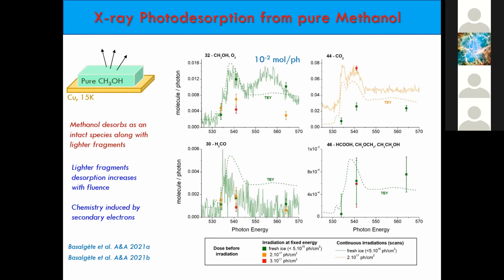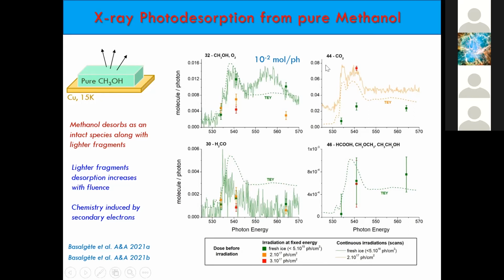Also, if you look at the desorption of CO2, you can recognize here the first peak, which is exactly what I've shown before. It is the peak of CO absorption, meaning that in that case, the first peak is due to CO absorption, the second peak is due to methanol absorption, but both are creating electrons that are going to induce the desorption. But it's more indirect, and it tells you that there is a lot of chemistry in this ice.